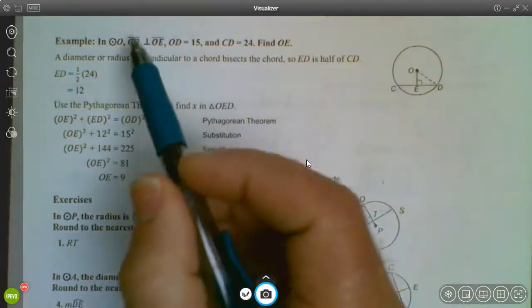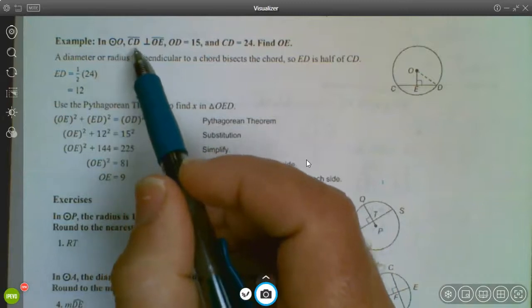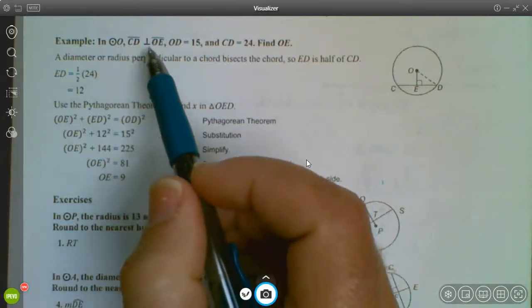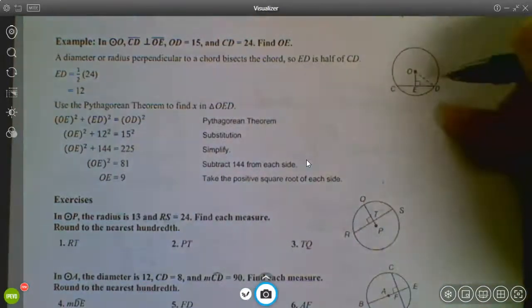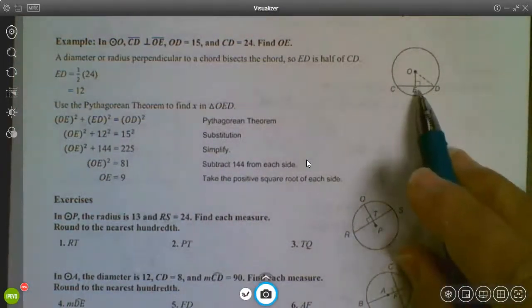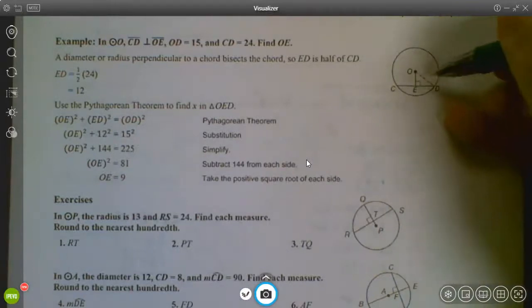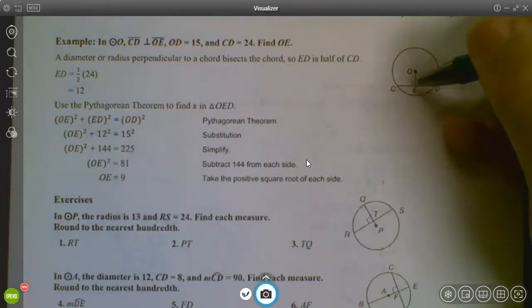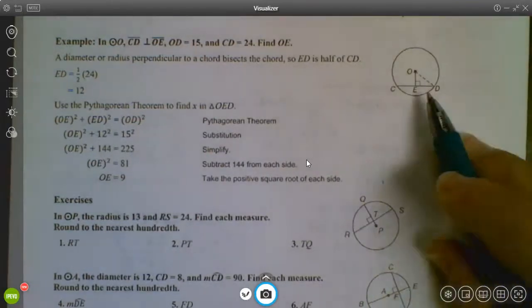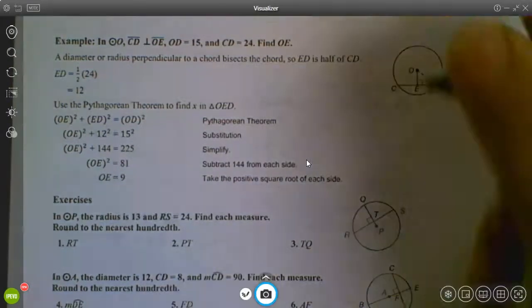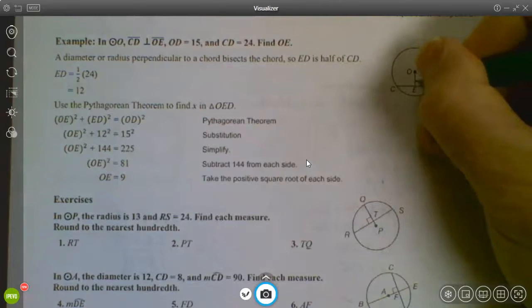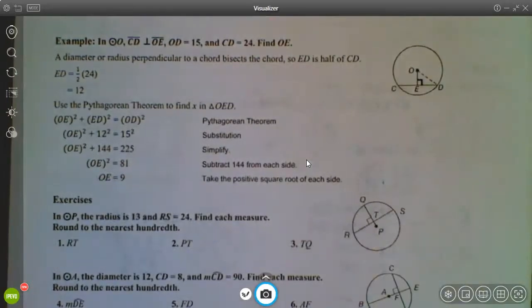All right, so here we go. In circle O, CD is perpendicular to OE. So here's circle O. They're telling us that OE is perpendicular to CD. They already marked that for us, right? They marked the little right angle to show that they are perpendicular. So that's already been marked. I'm going to darken it to make sure we recognize that.